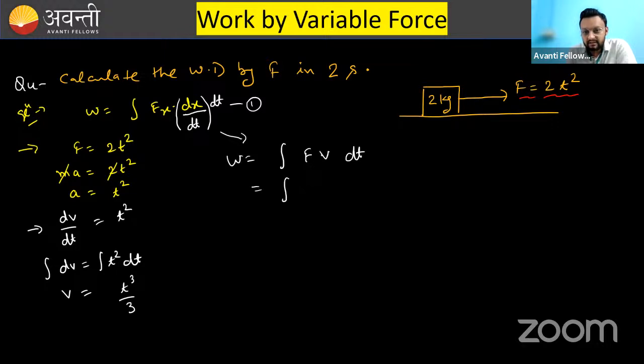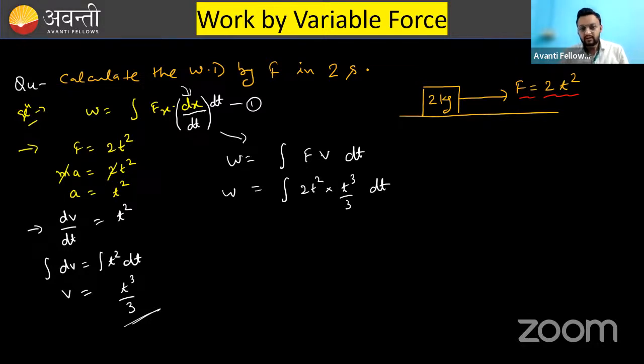Force is given as 2t square. Velocity we calculated as t cube by 3, and this is dt. Now my whole equation of work done is transformed in terms of time. We needed to eliminate this dx, because it is a small element of displacement. We need a time element. That's why we have done this.